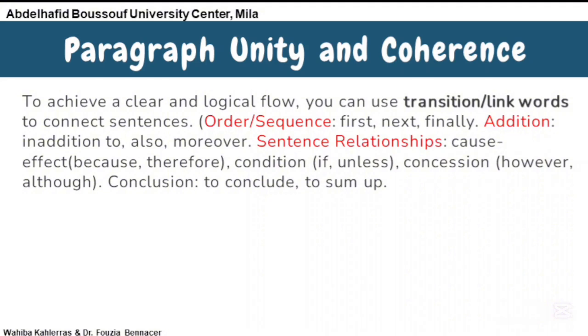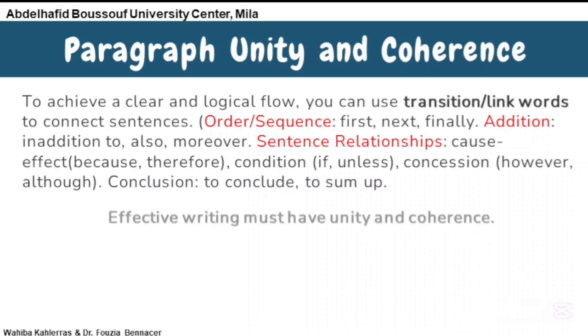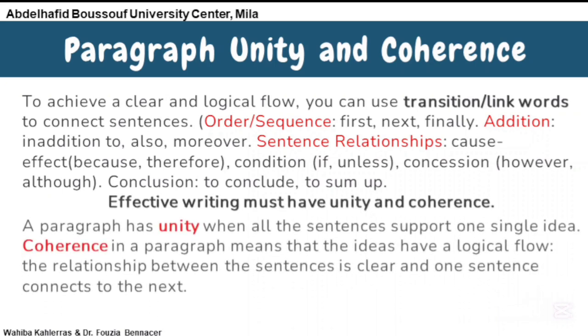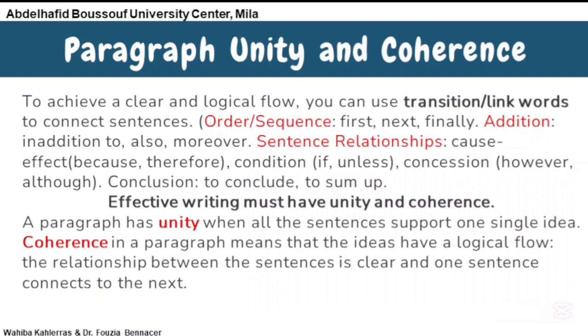You can also use addition, like in addition to, also, moreover. Sentence relationships are also expressed within the sentence using varying logical relationships. Remember, unity is when all sentences support one single idea, coherence is when one sentence is logically related to the next sentence.